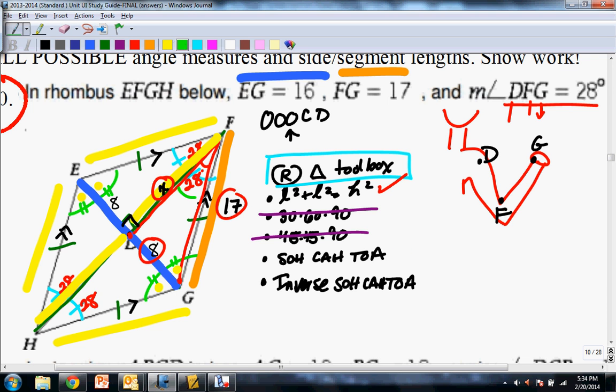We do, however, have an angle and a side length. We could use SOHCAHTOA, so SOHCAHTOA would work. We're not going to use inverse SOHCAHTOA because we're not looking for angles. We already have them all. So in this case, you could actually use two things, Pythagorean Theorem or SOHCAHTOA. You find the rest that I've highlighted.